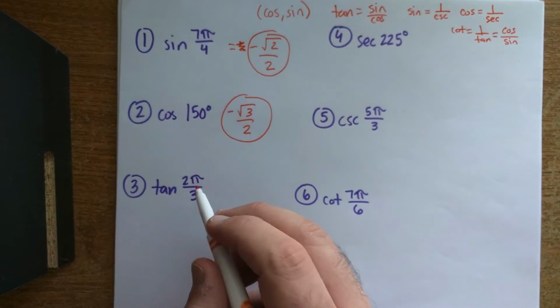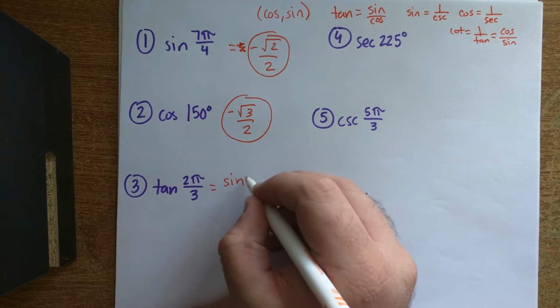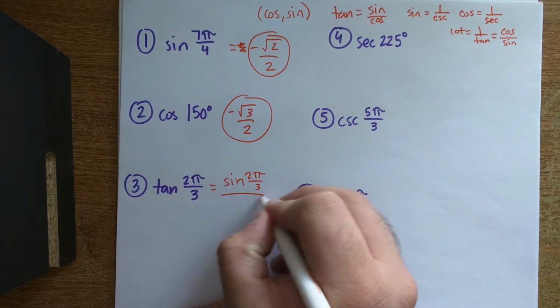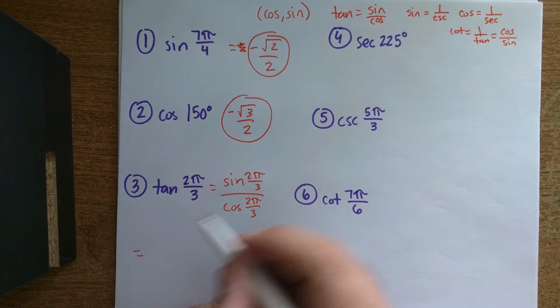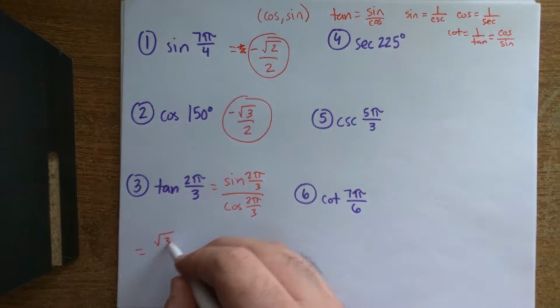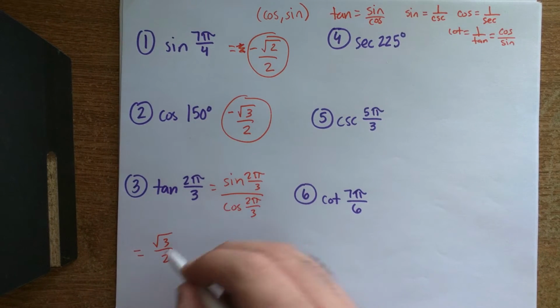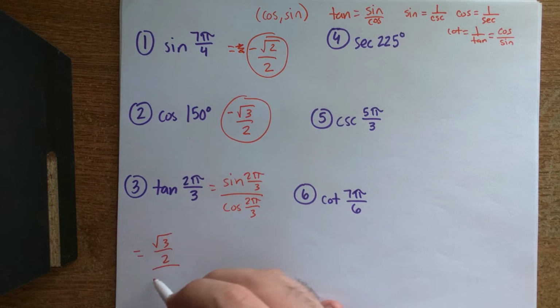Tangent, so I'm going to look up 2 pi over 3, but I just have to recall it's really sine 2 pi over 3 divided by cosine 2 pi over 3. Now, sine of 2 pi over 3, I look up the y-coordinate, is square root of 3 over 2, and I divide that by the cosine, which is negative 1/2.